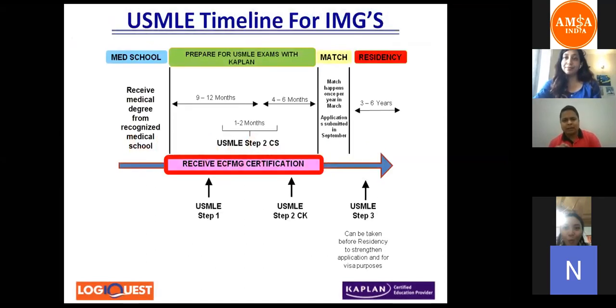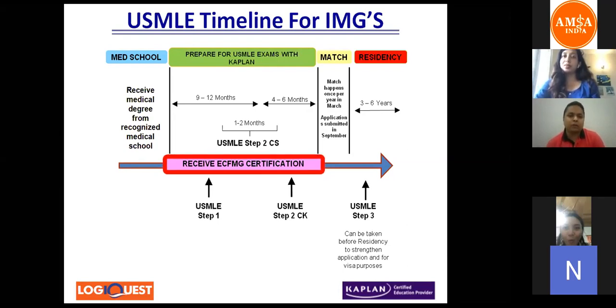This is the timeline that we discussed at the beginning of this session: after the end of USMLE Step 1, Step 2 CK and Step 2 CS, once you have cleared these 3 examinations successfully, you visit the ecfmg.org website, and there is a tab called OSS, under which you can apply for ECFMG certification.